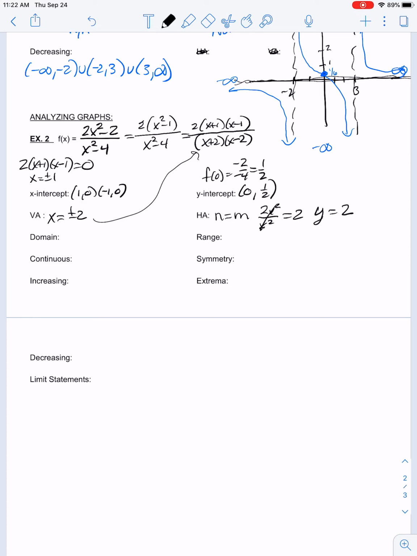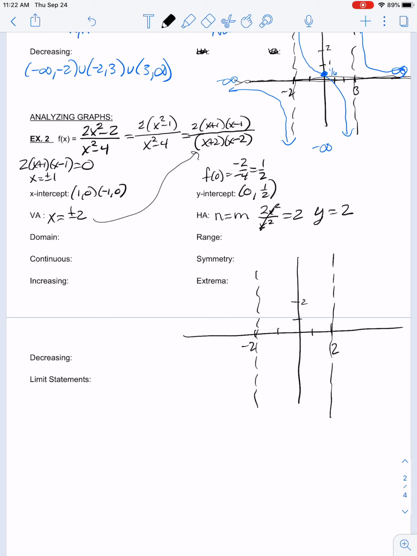Let's see if we can get a quick sketch of what we know so far. Our vertical asymptotes at -2 and 2. Do that a little crooked, didn't I? And then y equals 2 is going to be an HA.